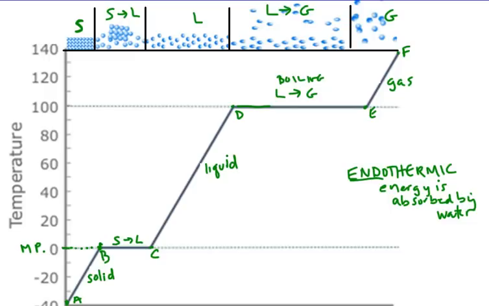While the water was boiling, the temperature remained constant at 100 degrees Celsius. So that's what we call the boiling point, and those are identifying features for water. Okay, so this is a heating curve for water.